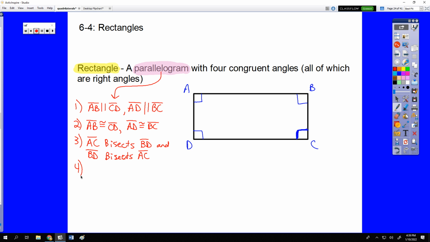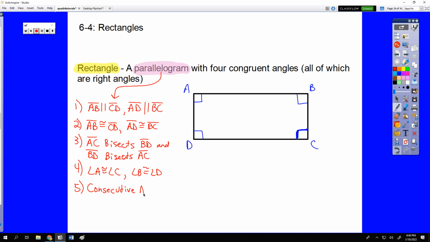Okay, we know that angle A is congruent to angle C because opposite angles are congruent in every parallelogram, but we already knew that because all four angles are 90 degrees. We also already knew that every pair of consecutive angles adds up to 180 degrees.